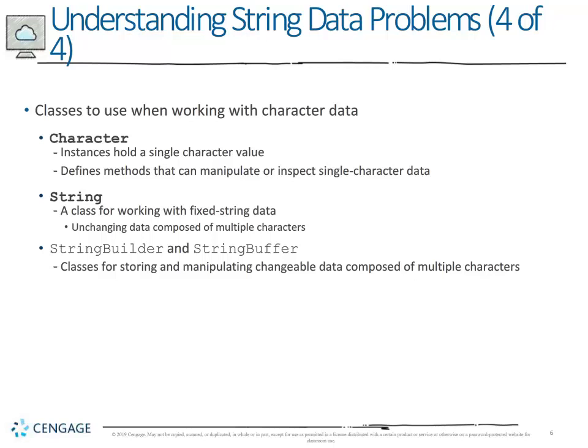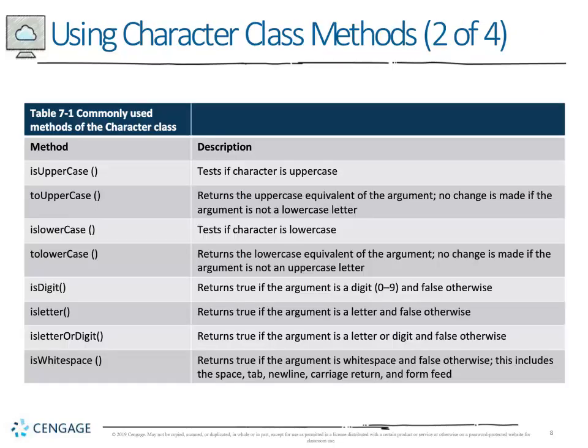A string in Java is actually an object which contains methods that can perform certain operations on strings. Then we also have StringBuilder and StringBuffer. Those are classes for storing and manipulating changeable data composed of multiple characters.